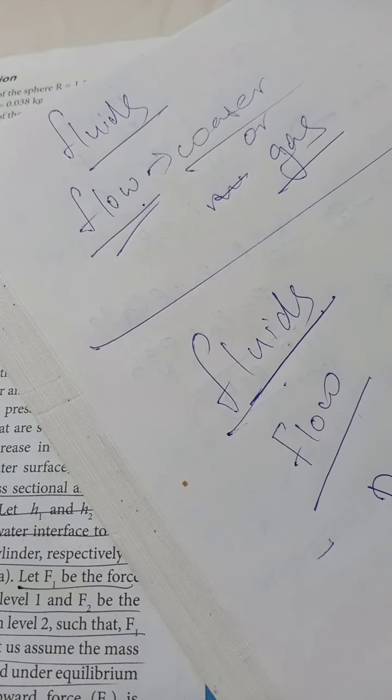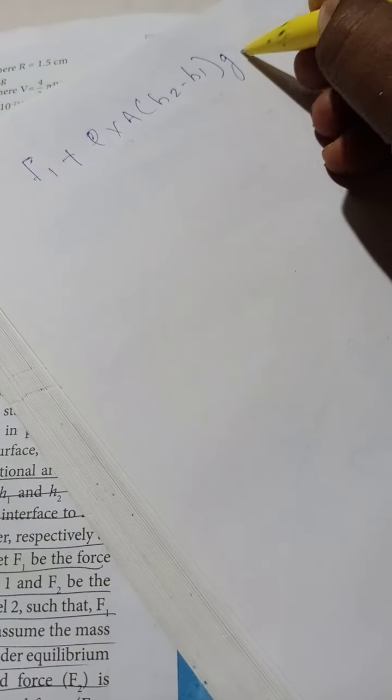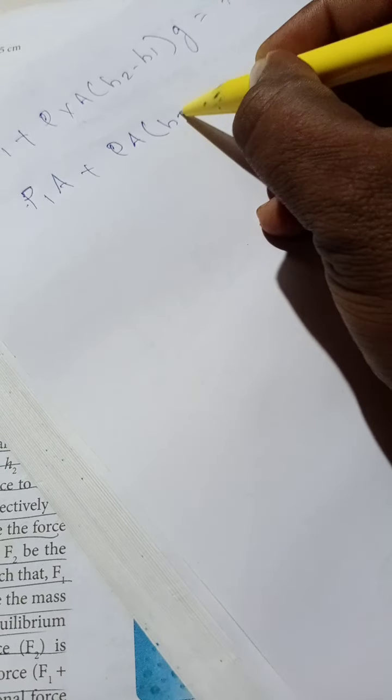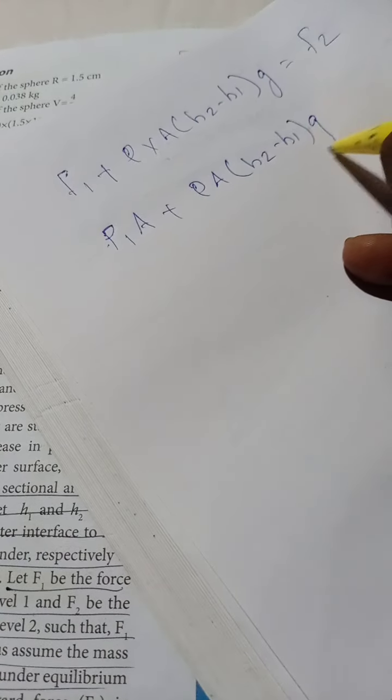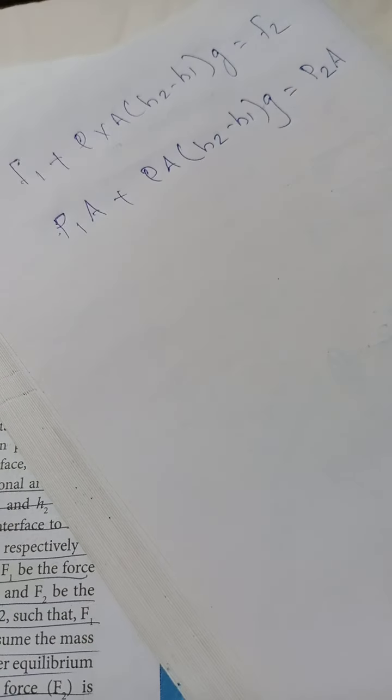So now you can take the equation F1 plus rho into A into H2 minus H1 into g equal to F2. Instead of F1 you can substitute P1A plus rho A H2 minus H1 into g. Instead of F2 you substitute P2A.